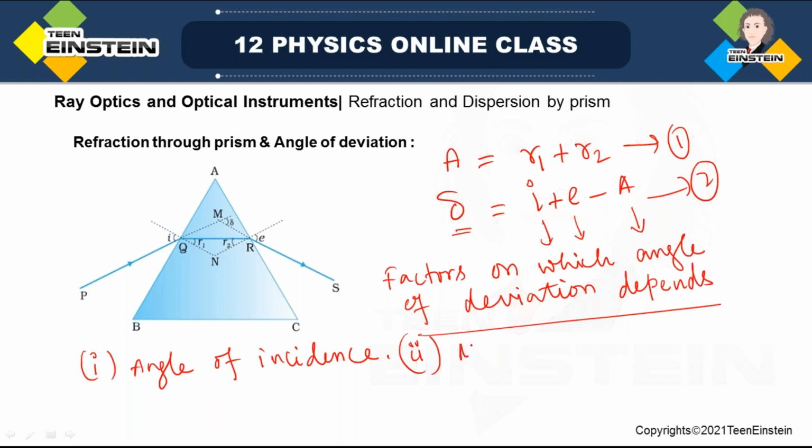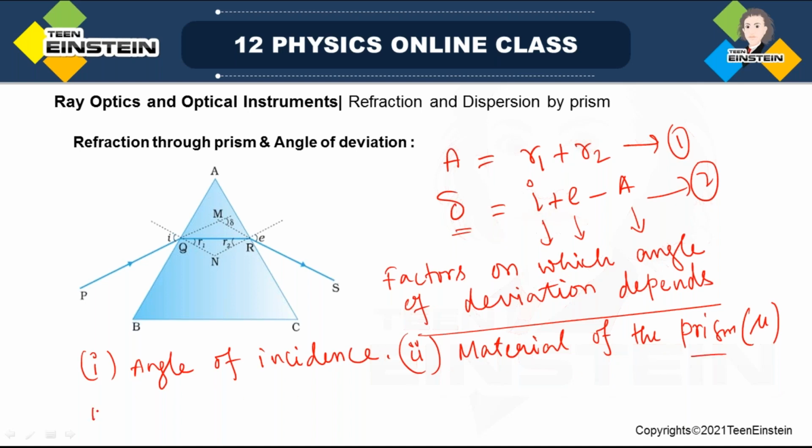So angle of deviation depends on the material of the prism, whether it is made of glass or something else. The prism material has a particular refractive index mu, so it depends on mu or n, whatever you say.